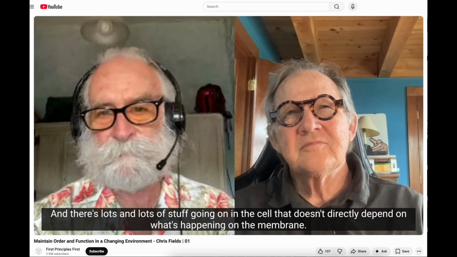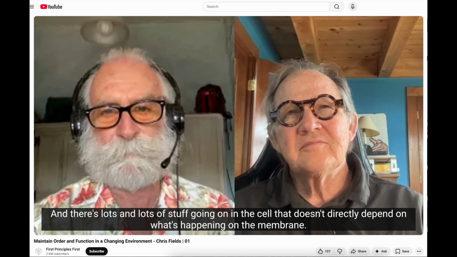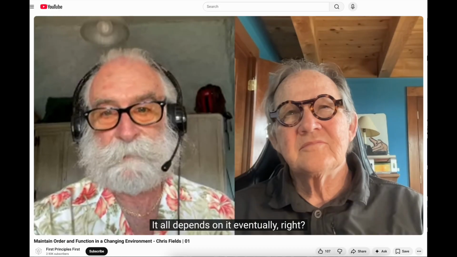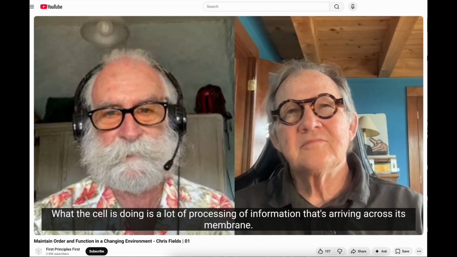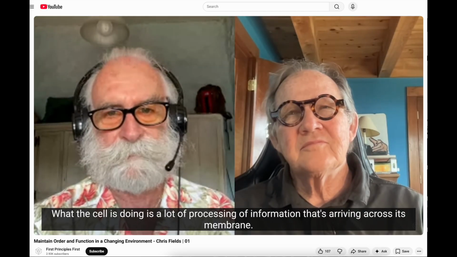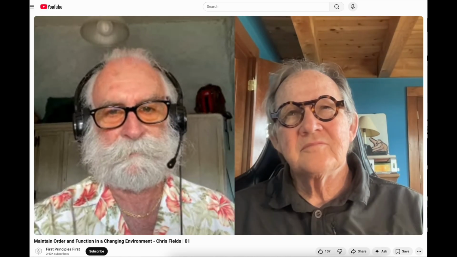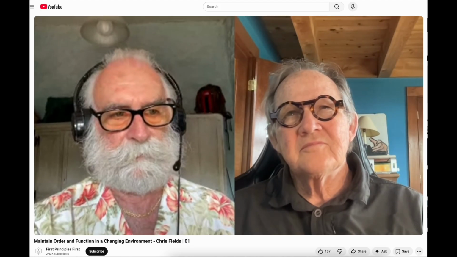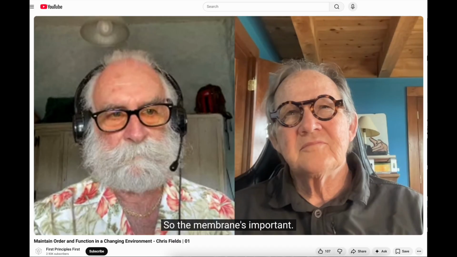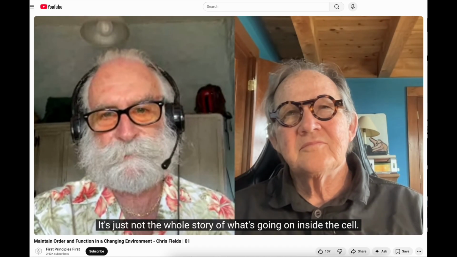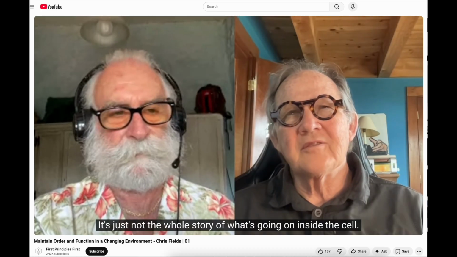And there's lots and lots of stuff going on in the cell that doesn't directly depend on what's happening on the membrane. It all depends on it eventually, right? What the cell is doing is a lot of processing of information that's arriving across its membrane. And then it's acting on its environment via its membrane. So the membrane's important. It's just not the whole story of what's going on inside the cell.